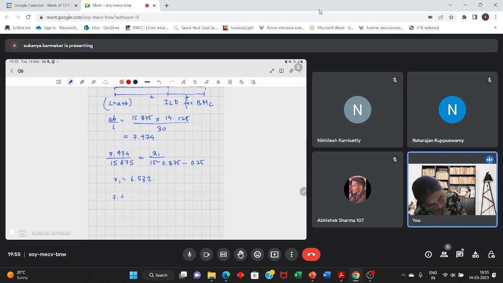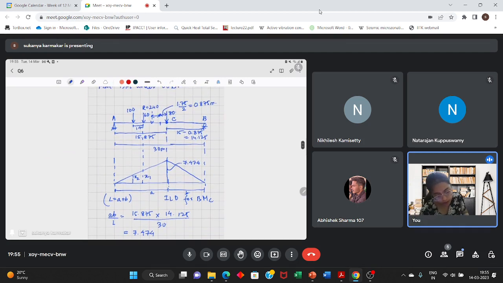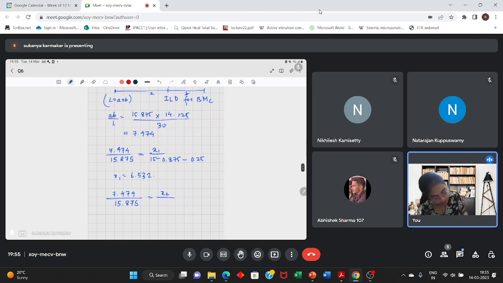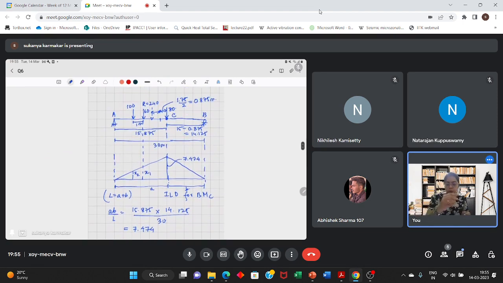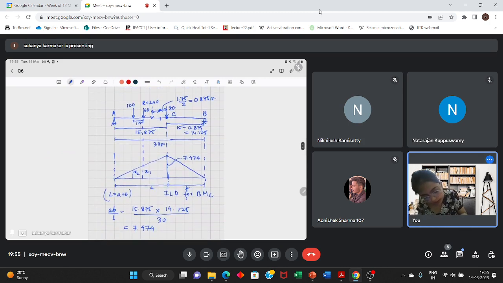It will be 7.474 by 15.875. x2 is this ordinate under the 100 kilonewton load. This will be the same number, 15 minus 0.875 minus 0.25, and this is even further 1 meter left to the 60 kilonewton load. So minus 1. Basically, I'm calculating this length.